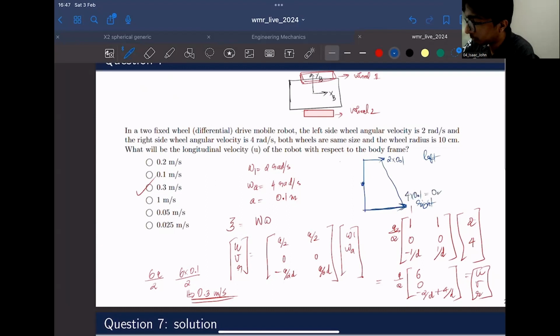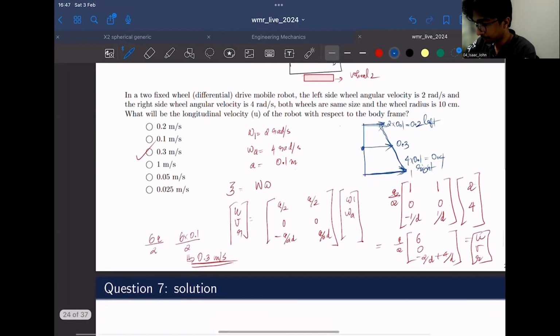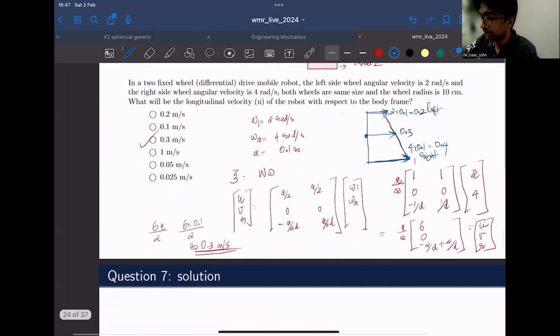This will be 0.4. This will be 0.2. So at the middle point, since this is a straight line, the middle point will have a velocity that is 0.3. So in that way also you can easily solve. It's nothing but the average of the linear velocities of the extreme ends. So yeah, the correct answer is indeed 0.3.